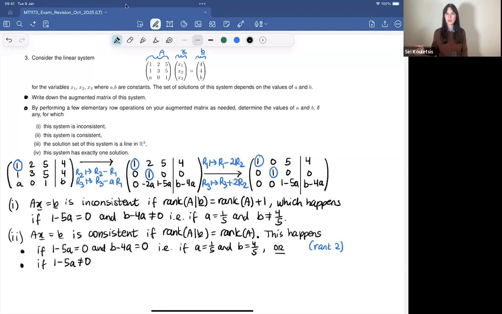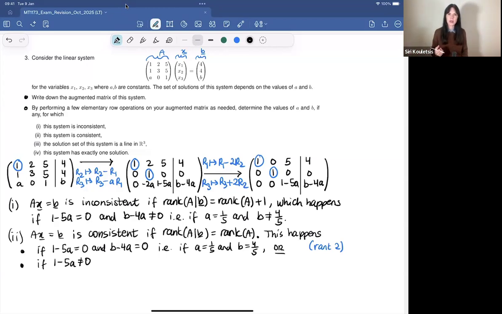So that's a leading 1 there in the third row. But more generally, it cannot be 0. That's the only condition. Because anything non-zero, let's say 1 minus 5A is 13, well, then the next step will be to divide row 3 by 13, and then we will have our leading 1. So that's the most general condition.